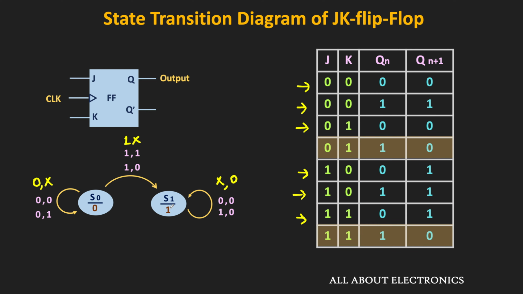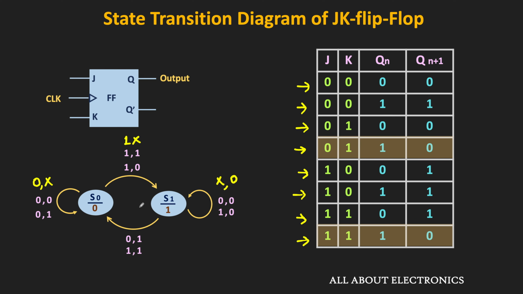Likewise, if the flip-flop is in S1 state and if J and K inputs are 0 1 or 1 1, then it will do a transition from S1 to S0 state, and in that case the output of the flip-flop will become 0. So as you know, when J is 0 and K is 1, then the output of the flip-flop will become 0. And likewise, when both J and K inputs are 1, then the output of the flip-flop will toggle.